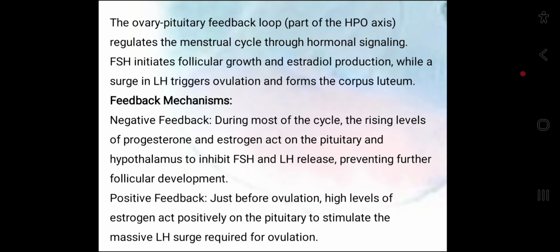As we said, the pituitary gland is controlled from the hypothalamus and from the ovary by the ovarian pituitary feedback loop, as a part of the HPO axis, the hypothalamic pituitary ovarian axis.